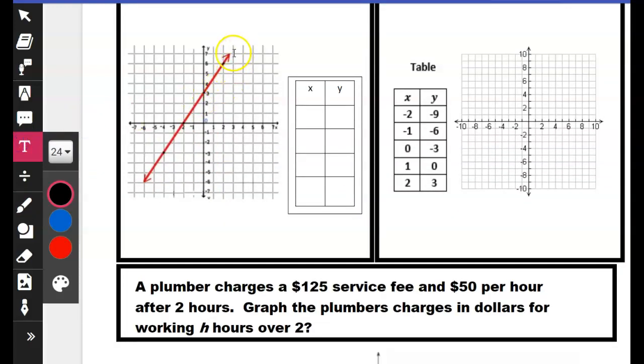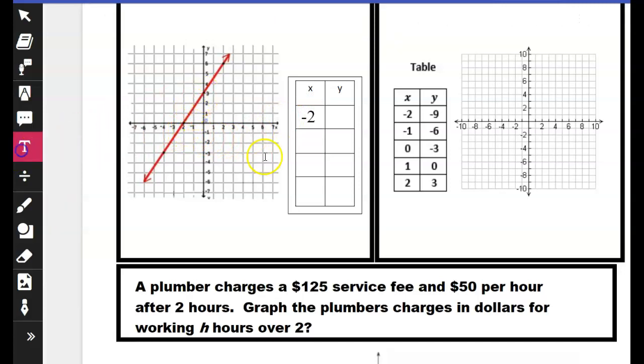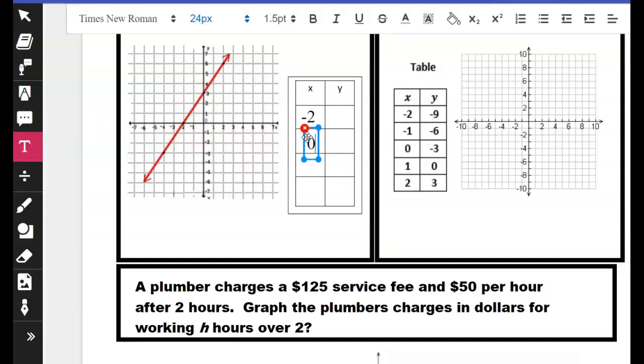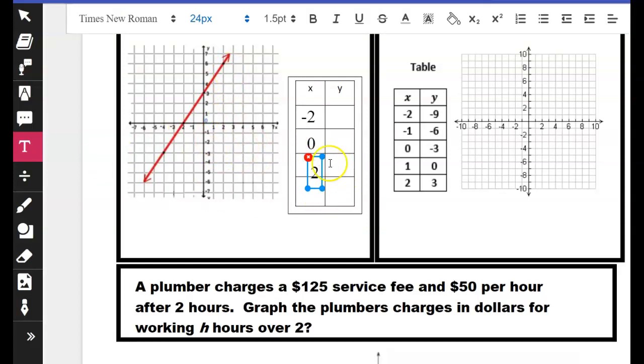Okay, we have a line on my graph, and the x-intercept of my graph is negative 2. And then that's not going to make a pretty point. And then I'm going to have 0, and then I'm going to have 2. Let's see, negative 2. This point right here is negative 2, 0.